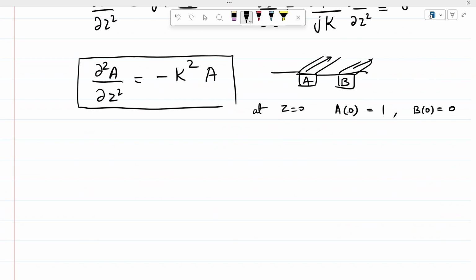With this initial condition and this equation, I can write down the solution: A of Z is nothing but cos κZ, just by integrating it. Now that I know A of Z, what is my B of Z?